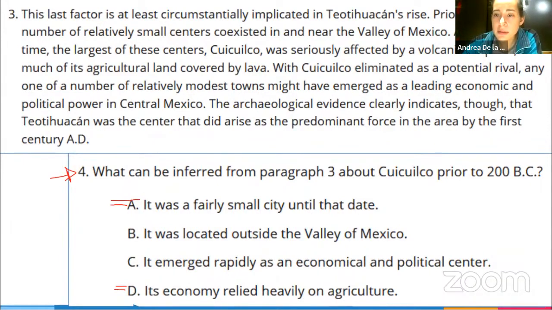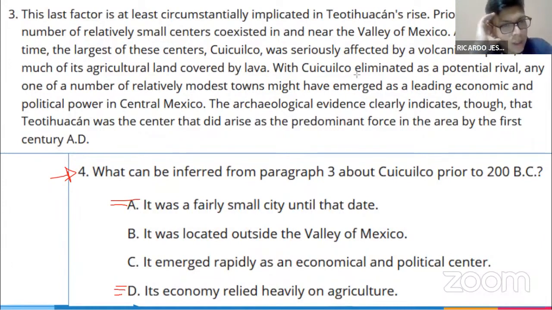So, Ricardo, can you please tell me why A? Because the paragraph says that this city, Cuicuilco, was eliminated by the lava that emerged.